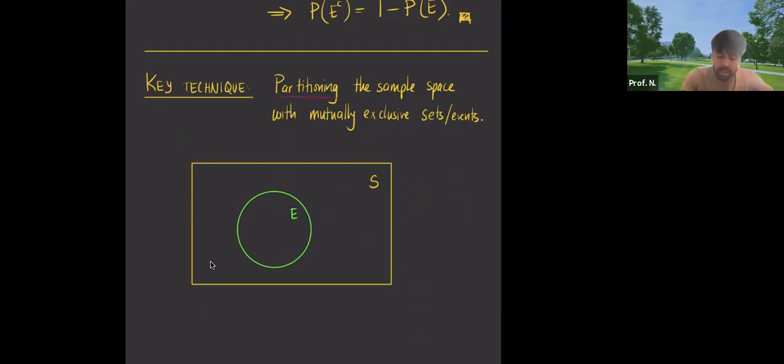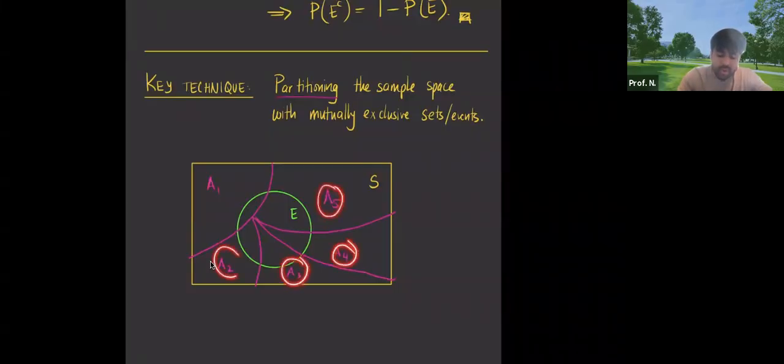This partitioning means I'm just going to divvy up the sample space in a way that every cut, you can say, every division that I make, I'm going to call this A1, A2, A3, A4, A5. When I divide it up, there is A1 through A5.